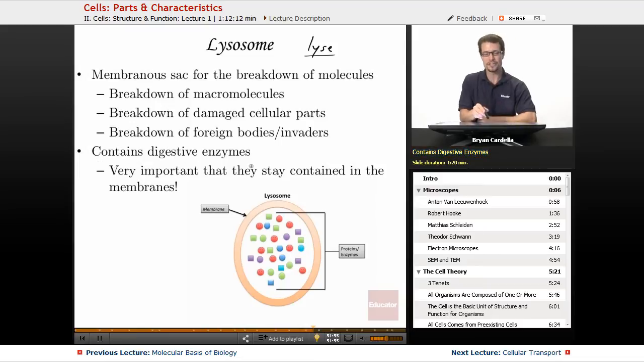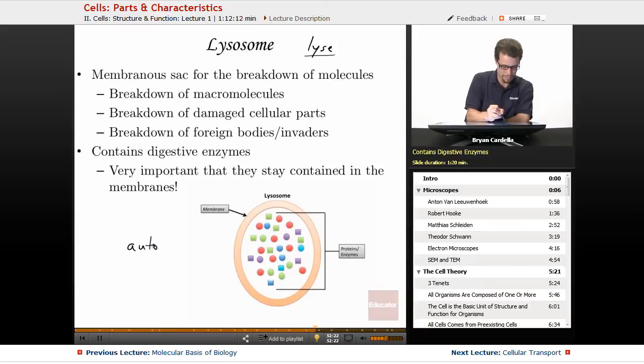And yeah, they contain digestive enzymes, typically. They're meant to break stuff down. They're not meant to just end up all over the place in the cell. And I say that because it's very important that they stay contained in the membranes. I've heard that if every lysosome inside of a cell were to burst simultaneously, it would cause autolysis.